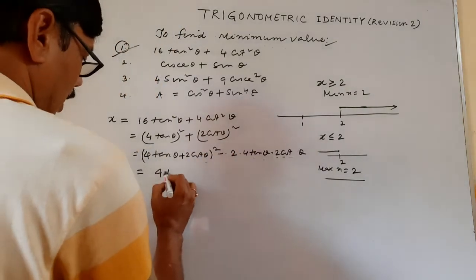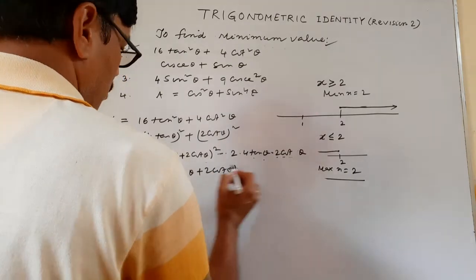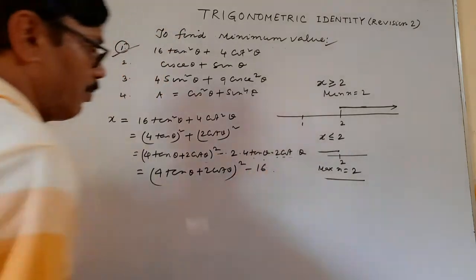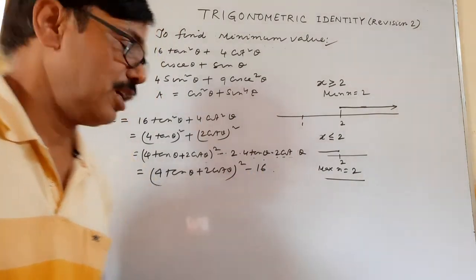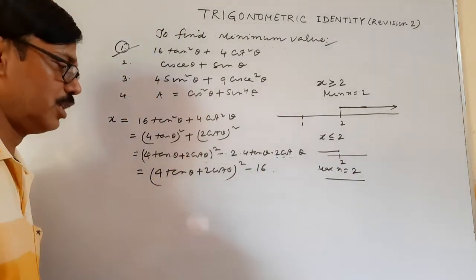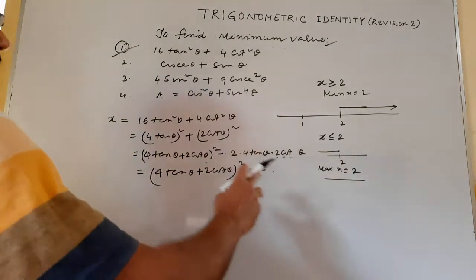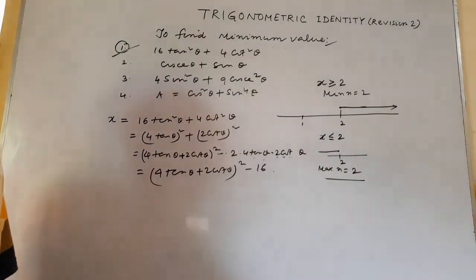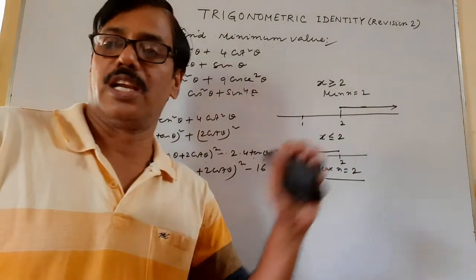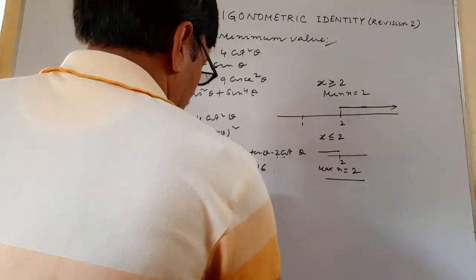So (4 tan theta plus 2 cot theta) whole square minus 16. So if it is 0, then it is minus 16. If it is non-zero, then it may be 1, then minus 15. You cannot say that it is greater than 16 in all possible cases, or less than 16 in all possible cases, because it is minus.